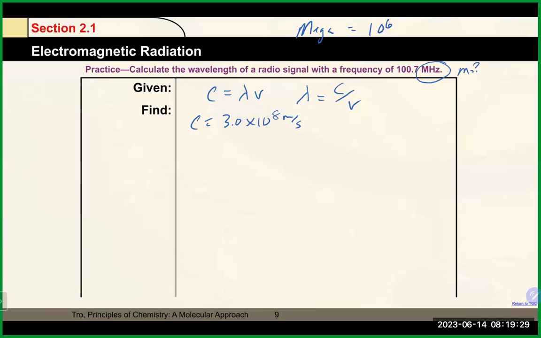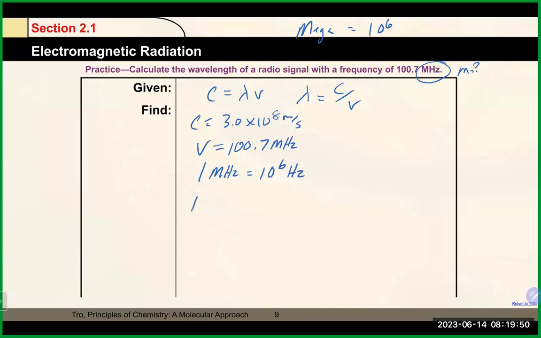So I'm going to first convert my frequency into reciprocal seconds, or hertz by itself, and not megahertz. In 1 megahertz, there is 10 to the 6 hertz. So that is the proper way to use that.